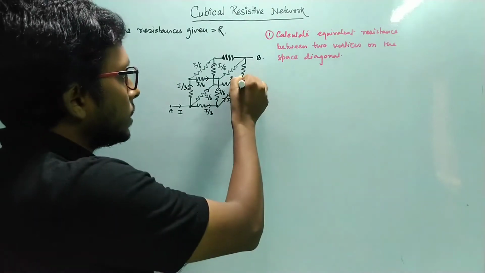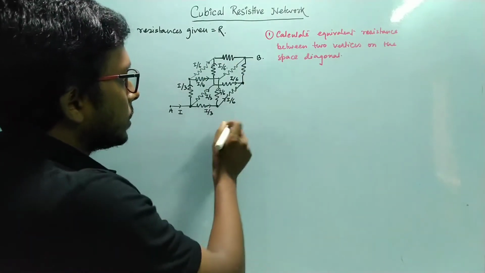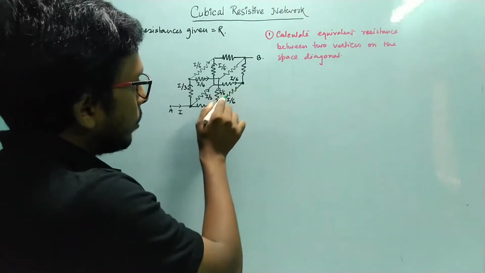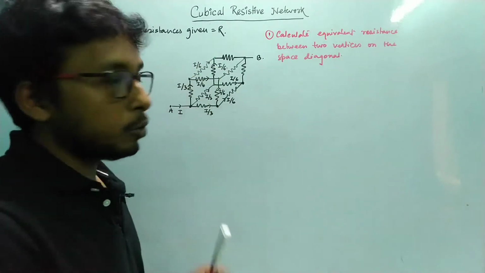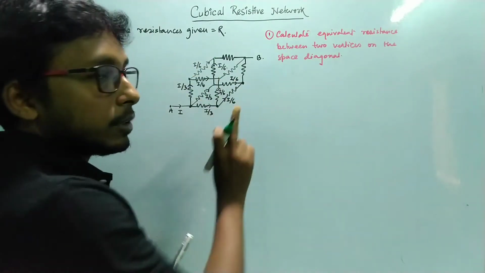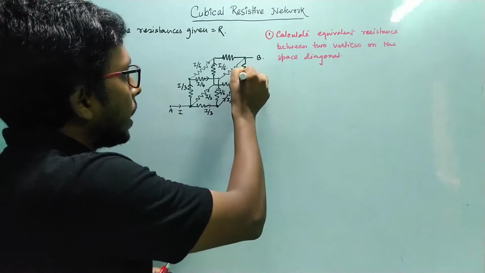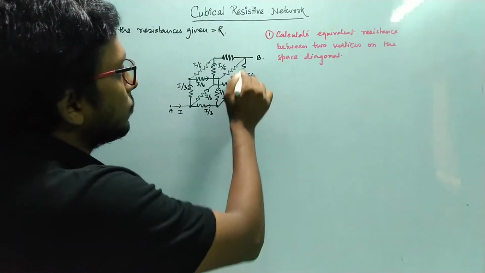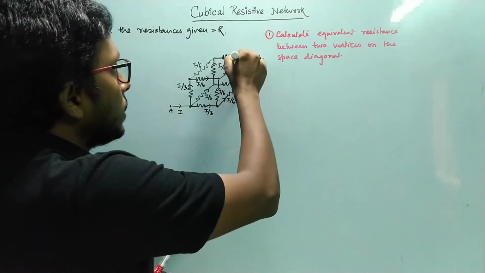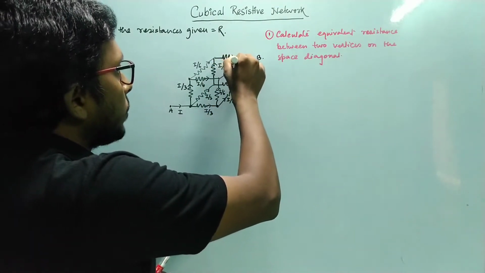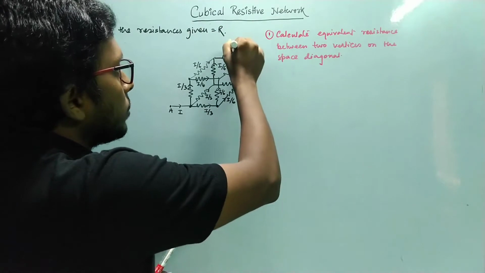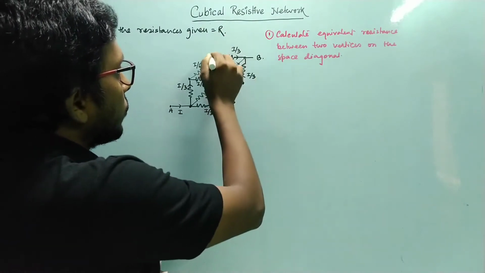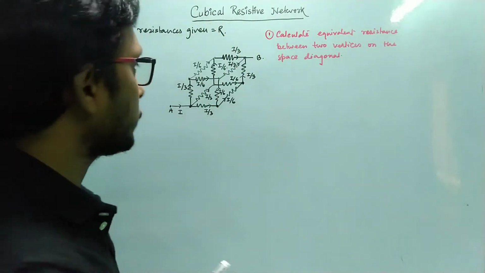After that, you can see this junction, total amount of current entering is equal to I by 6 plus I by 6, that is equal to I by 3, and I by 3 will be passing this segment. Similarly, I by 3 will be passing from this segment, and I by 3 will be passing from this segment also.